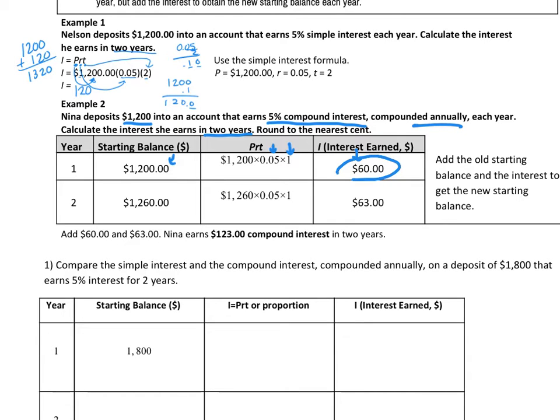They took this number and added it with this number, and then it becomes your new original amount with compounding, okay? So then you do 1260 times 0.05 times 1, and you get this number, okay? So you're earning interest on the interest. Does that make sense? If something's compounded annually, you're earning interest on your interest.